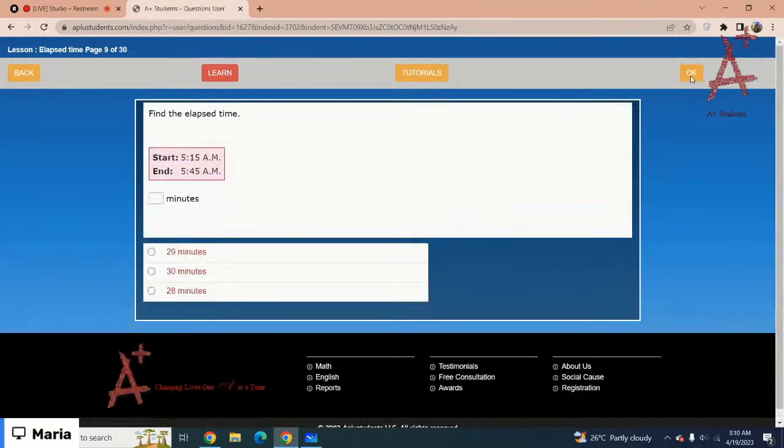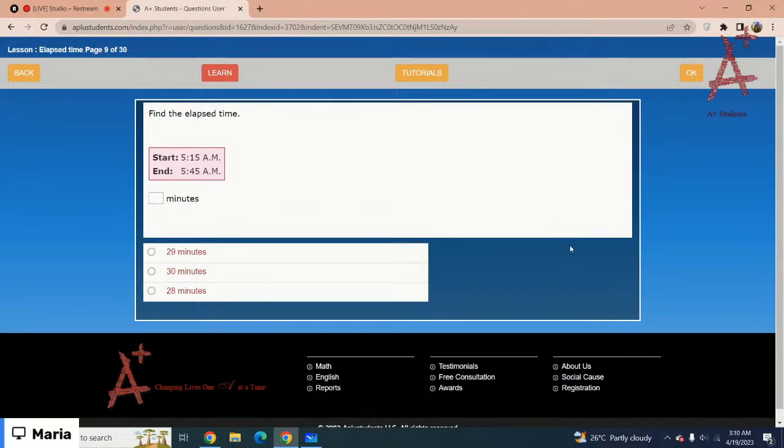Okay, the next one is 5:15 until 5:45. Which is the correct option? It would be 30 minutes.